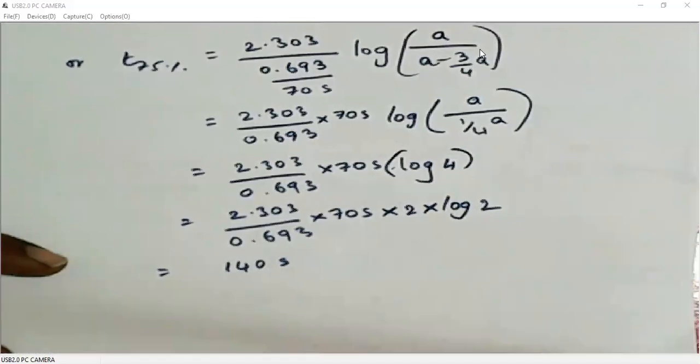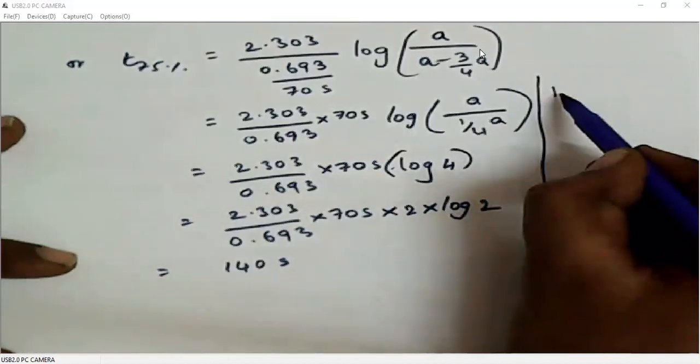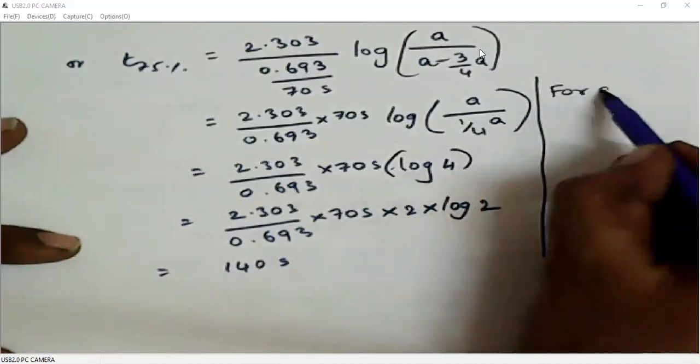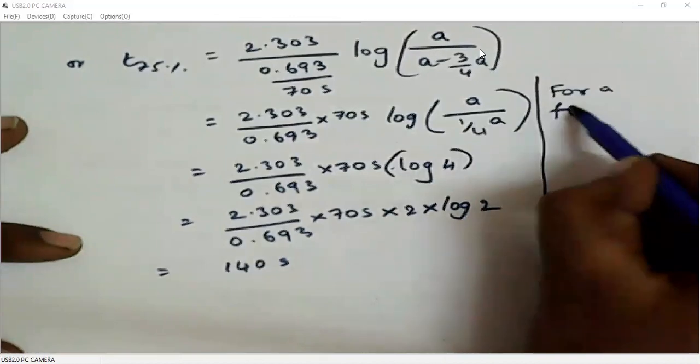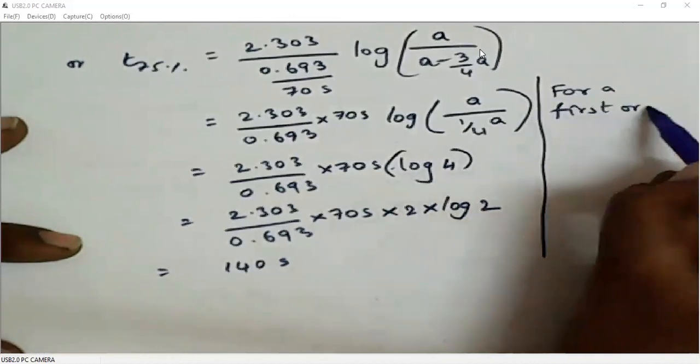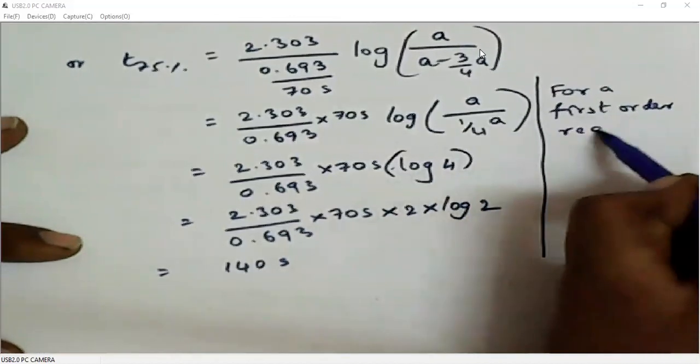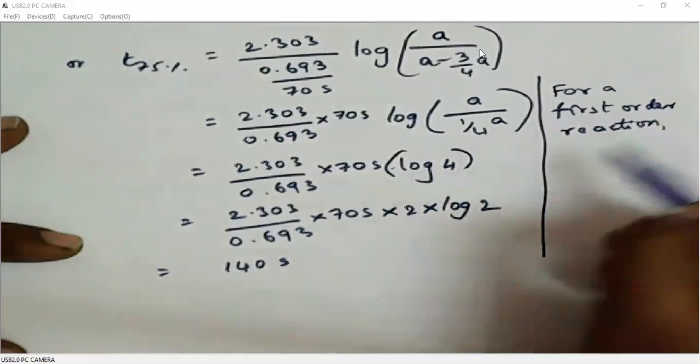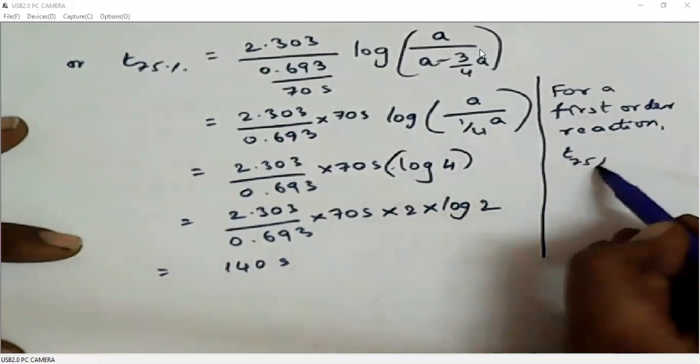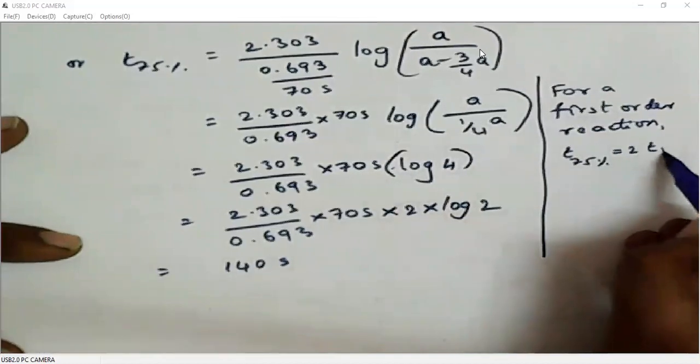For a competitive exam, of course, we have learned the shortcut. What is the shortcut? For a first order reaction, T75% is equal to 2 into T half.